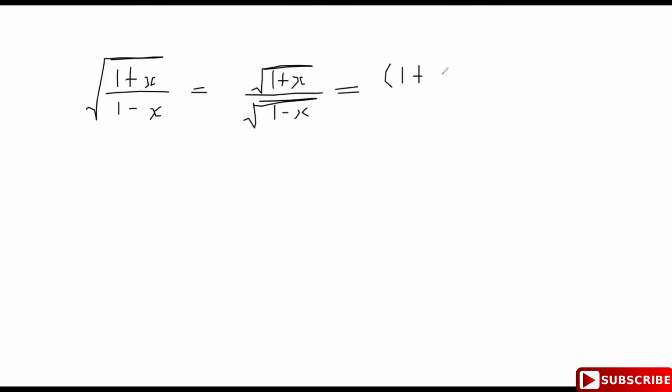Remember, square root means you're raising it to the half power. So this is 1 plus x to the half power over 1 minus x to the half power.